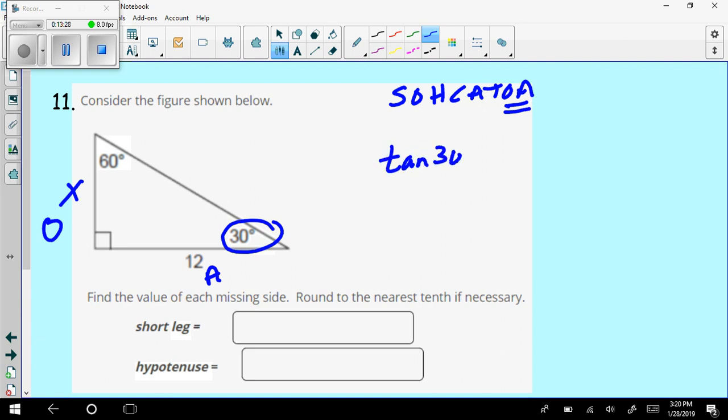So the tangent of 30 equals X over 12. 12 times the tangent of 30 is going to give us our X. And if we put that into our calculator, I believe it gave us 6.9.